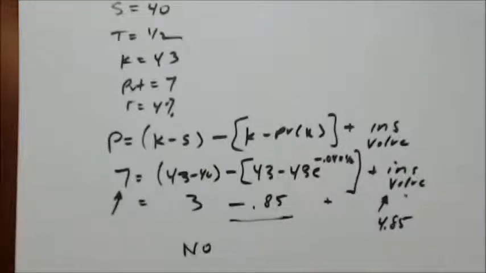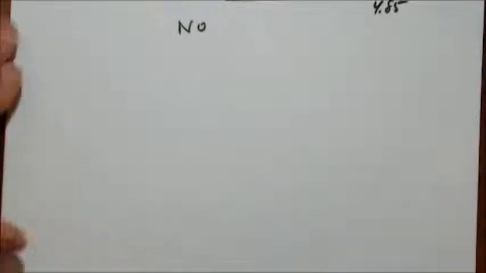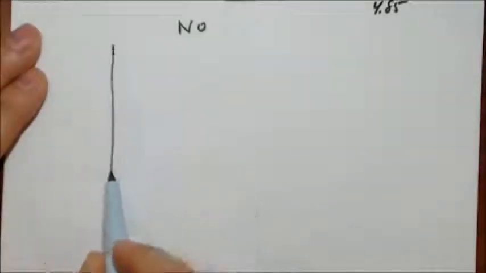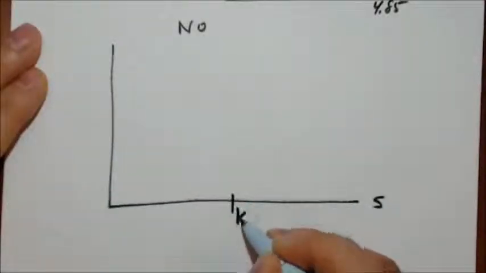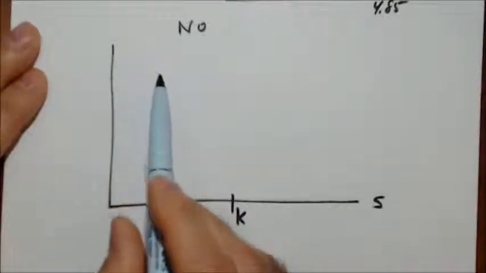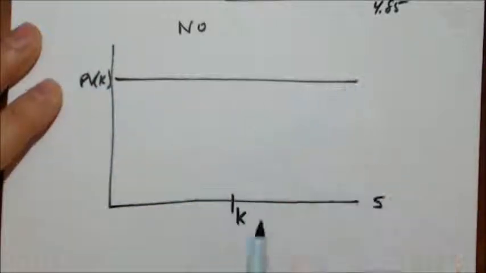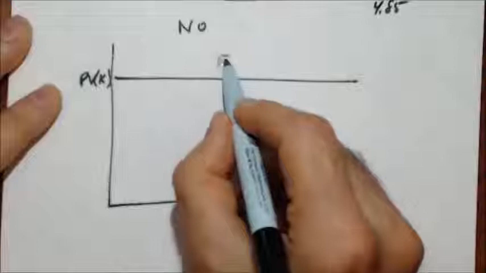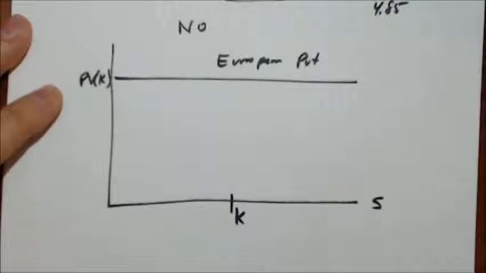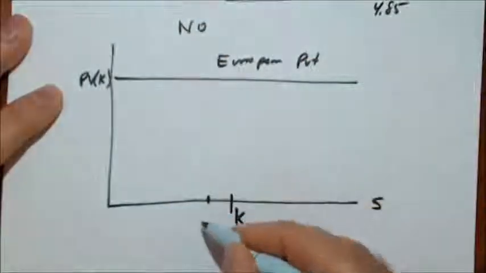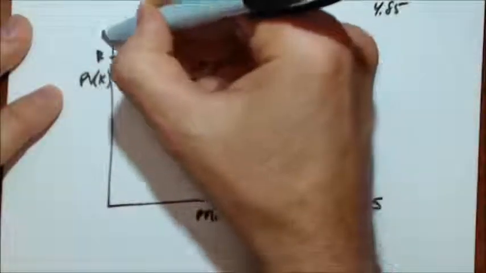Okay, let's look at the lower bound on a European put. The lower bound, graphically. Let's visualize it here. Present value of K. So this is a European put, and we have present value of K here, and K up here, and put value.